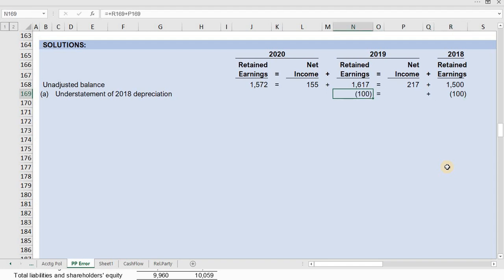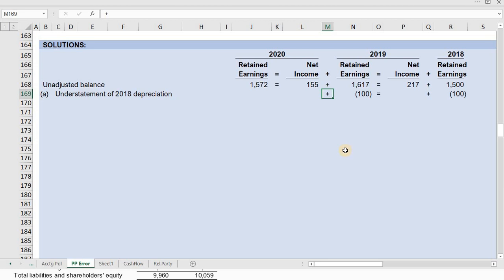That is why we need to deduct again 100 pesos. Again, why do we need to deduct 100 pesos from 1,617? Because the 2018 net income is part of the 2019 retained earnings, which is overstated by 100. Then in 2020, again, it has no effect on the net income for 2020, but in retained earnings, it still has an effect.